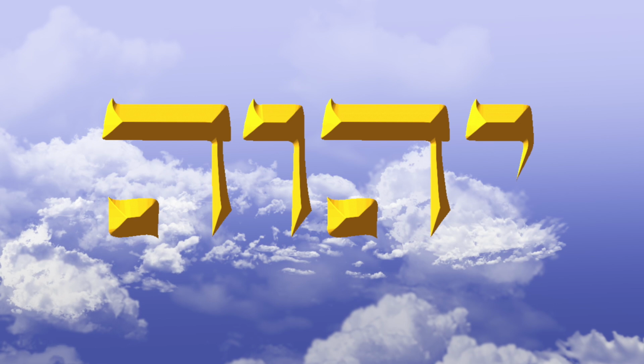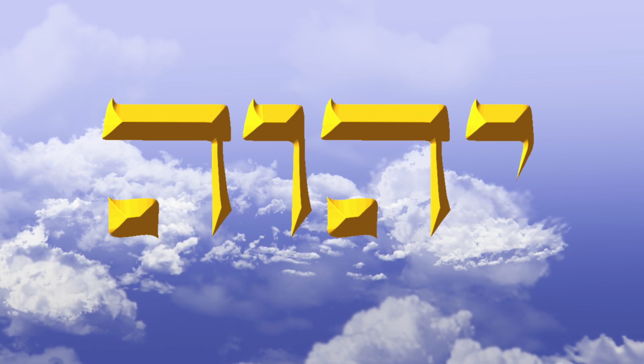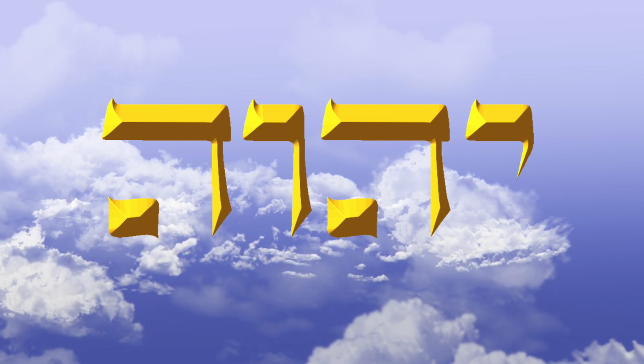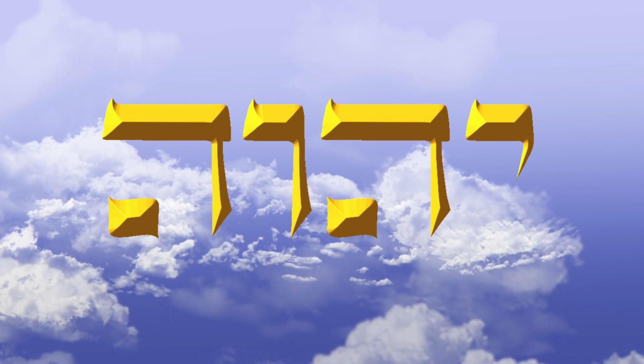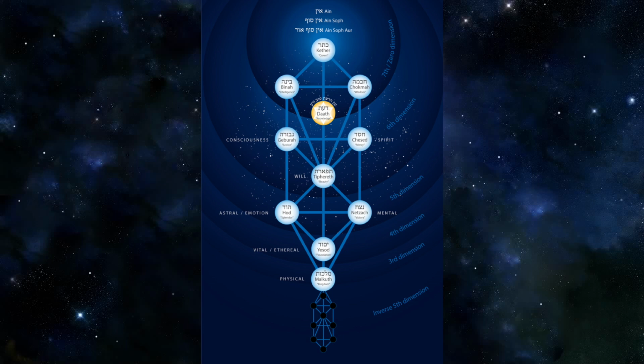And this is the final character in the name. It corresponds to the element of earth, which I've put there over on the right-hand side with its alchemical symbol. So Asiyah is the physical world, the material plane, or the element of earth, and it corresponds with Malkuth.